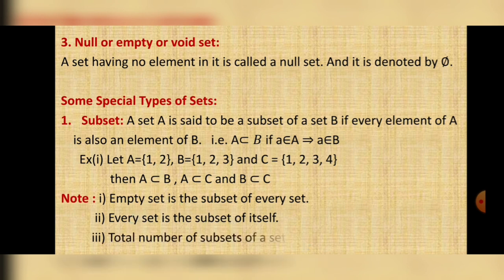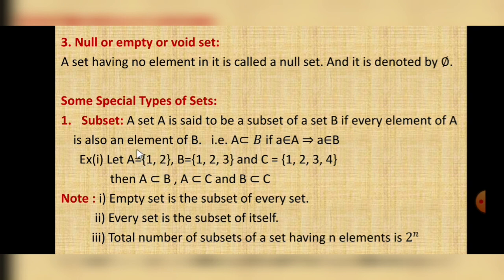Next, the third important point is the total number of subsets of a set having n elements is 2 raised to n. This is a formula to calculate the total number of subsets of the given set. For example, set A equal to {1, 2}.